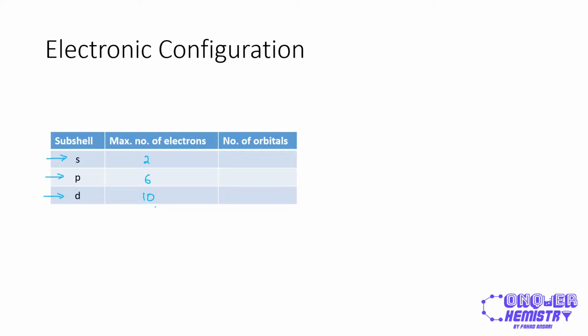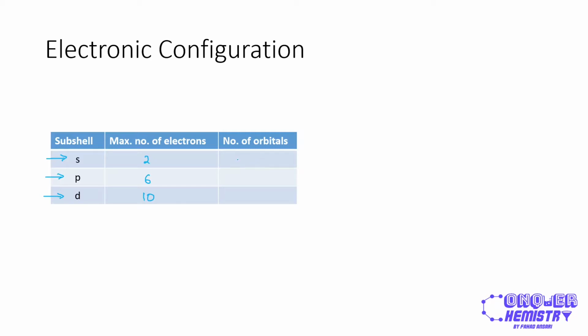Now each subshell consists of 1 or more orbitals. Now remember that an orbital can hold a maximum of 2 electrons. Now this orbital could be in an S subshell, a P subshell, or a D subshell. In either case, the orbital can hold a maximum of 2 electrons.